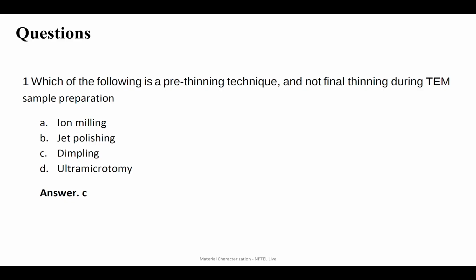So the answer to this would be C, dimpling. Dimpling is a pre-thinning technique and all other three are final thinning techniques.